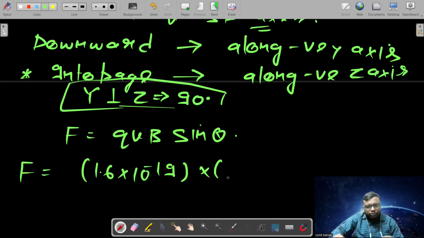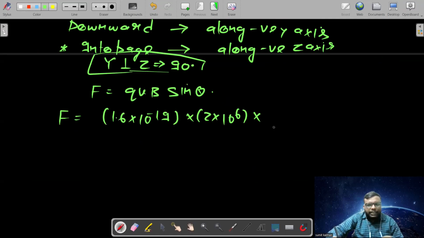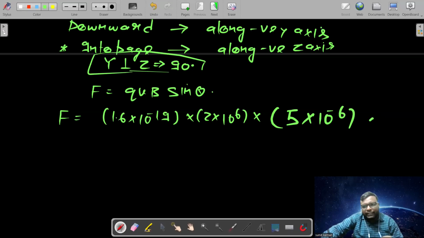Velocity is 2 into 10 to the power 6 meter per second into magnitude of magnetic field, it is 5 into 10 to the power minus 6 Tesla, and the angle theta is 90 degrees. So it will be sine 90. Students, the value of sine 90 degree is 1.